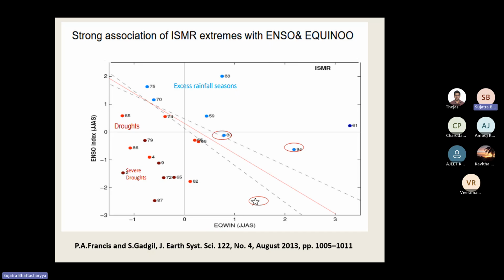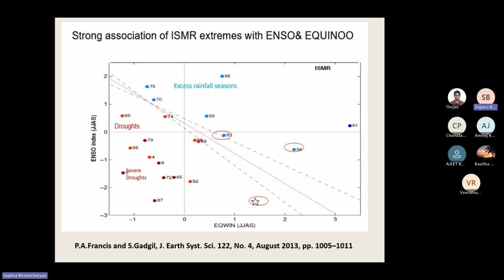And then she showed that if you combine EQUINOO, which is a measure of the IOD, and ENSO, which all of you know, then we can essentially, in the phase diagram, explain all the extreme events in the Indian region just using two parameters.